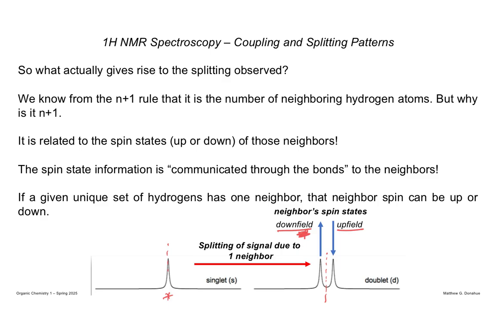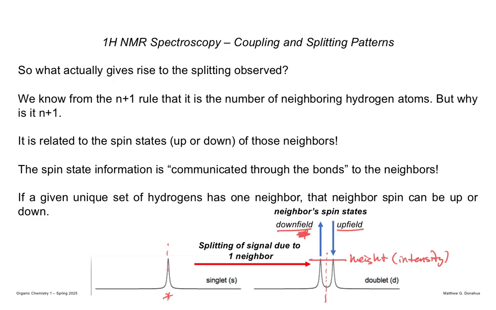A little bit goes to the left, a little bit goes to the right. And that is due to the spin states. So that's where the +1 comes from. Because there's only 2, notice the height here. Intensity, it's 1-to-1.